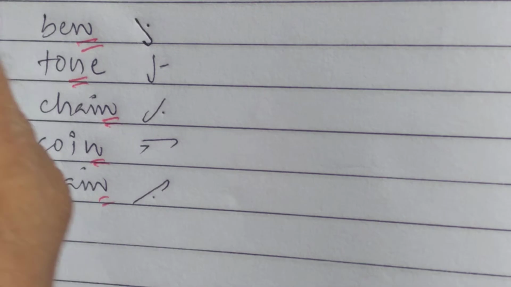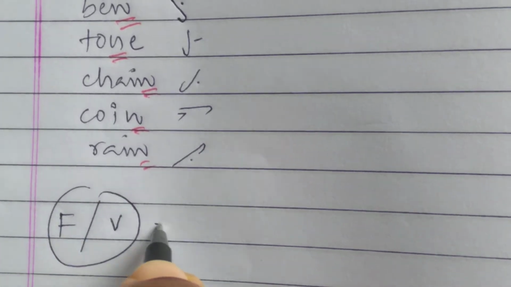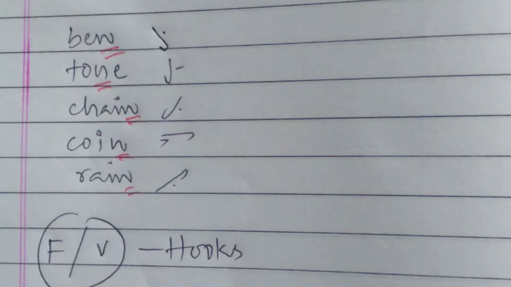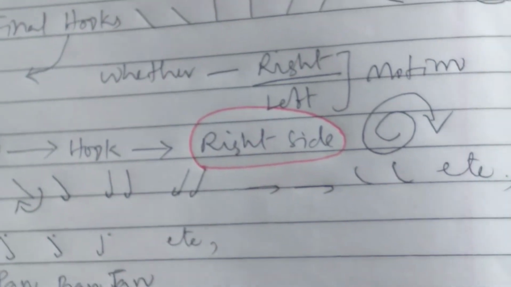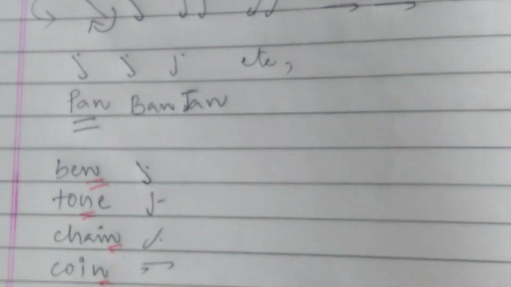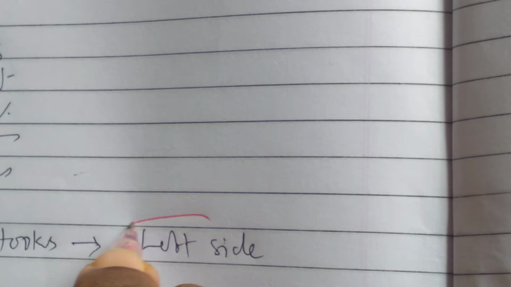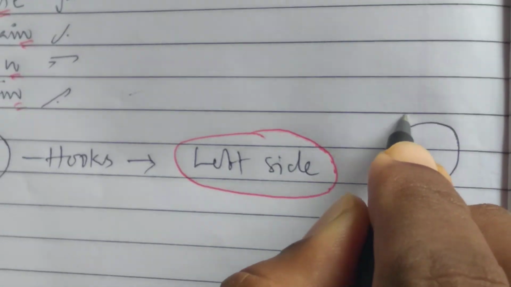Now I am moving to F and V hooks. For the N hook I gave the direction of the right side. Now I am giving the direction for the left side. This is the left side direction. Right side means our hand is moving like this. Now I am giving left side direction.